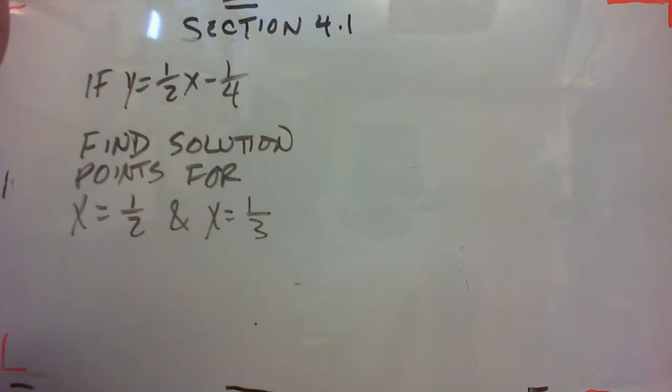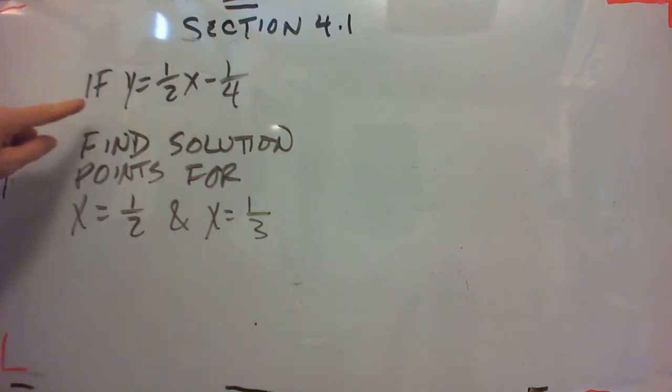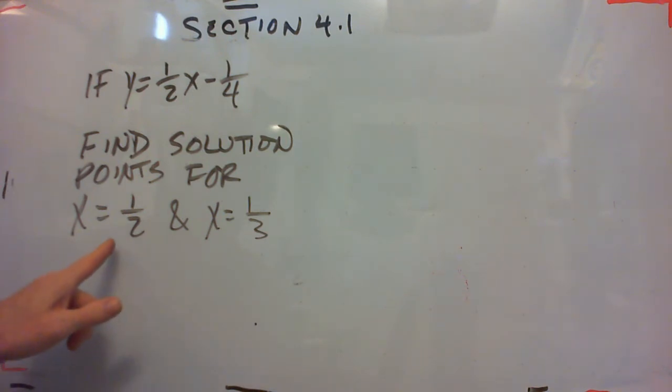Okay, the next problem is like number 5. We're just finding solution points. We're not going to graph them. And here we have, if y equals 1/2 x minus 1/4, find solution points for x equals 1/2 and x equals 1/3.